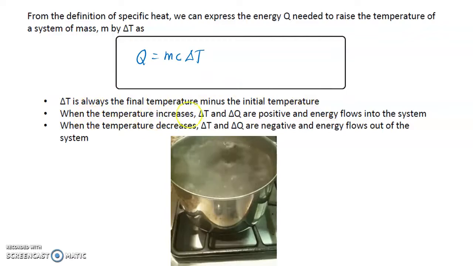When the temperature increases, delta T and Q are positive and energy flows into the system. When the temperature decreases, or negative delta T, Q will also be negative and energy flows out of the system.